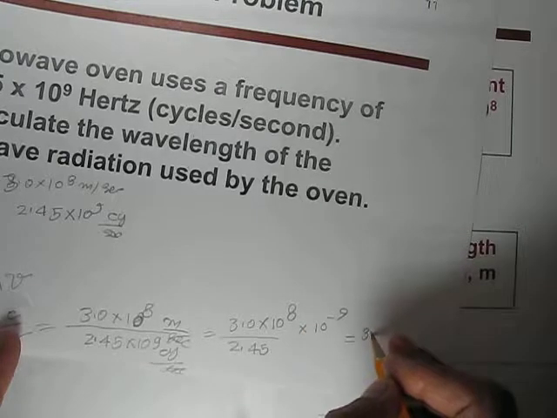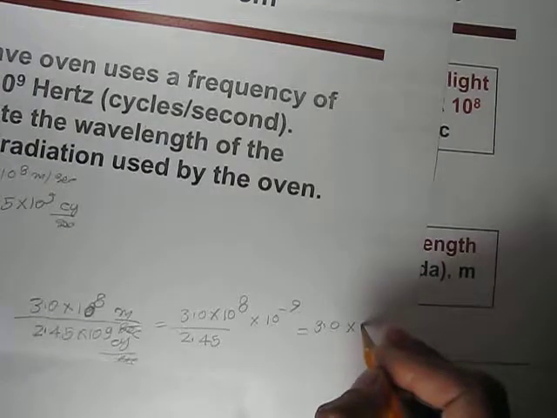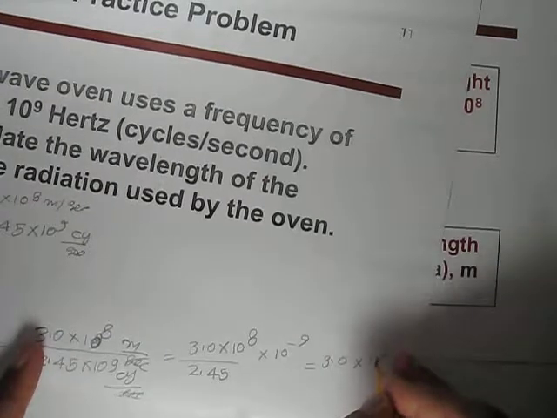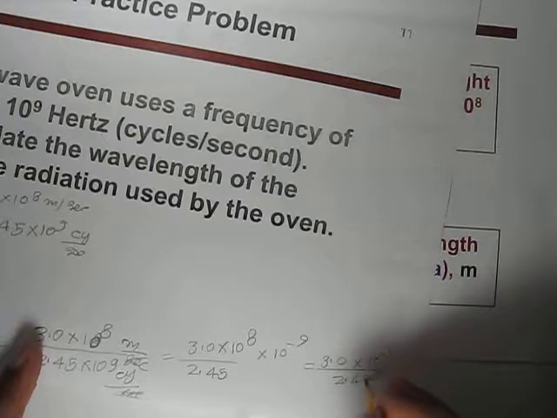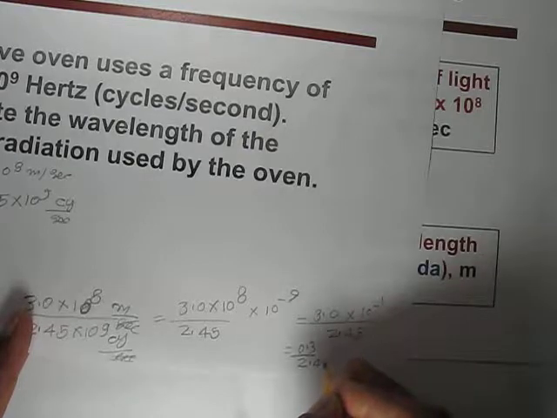So 3.0 multiplied by 10 to the power minus 1 divided by 2.45, which will be equal to 0.3 divided by 2.45.